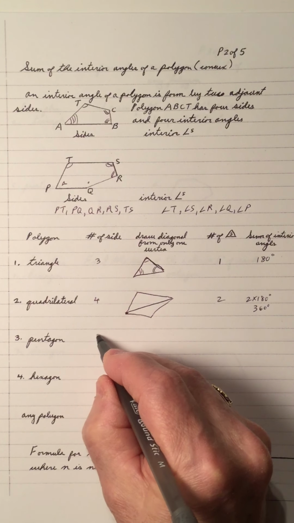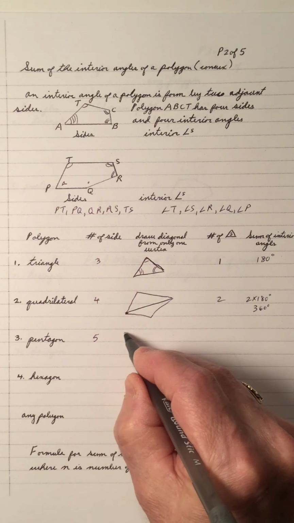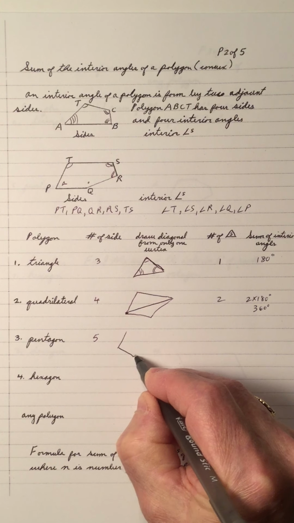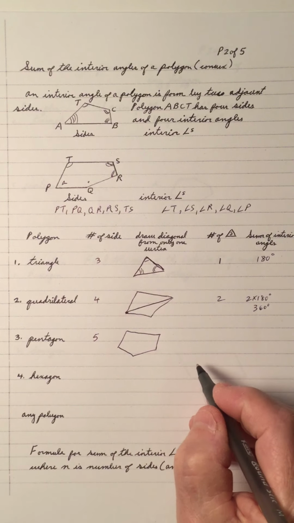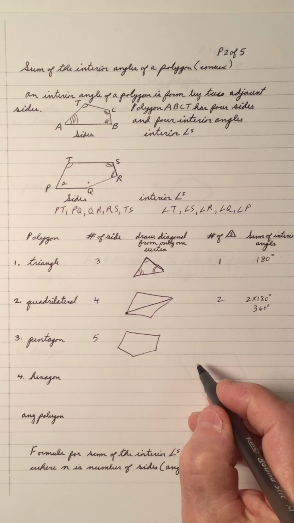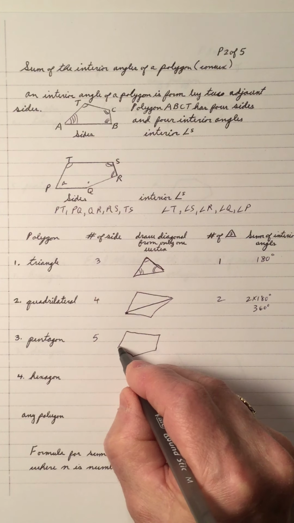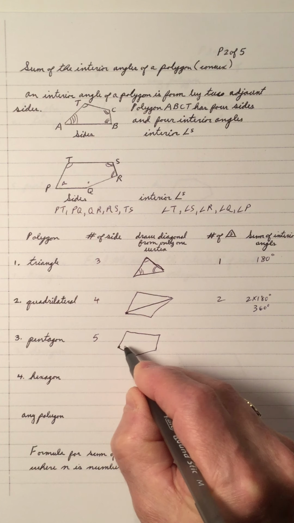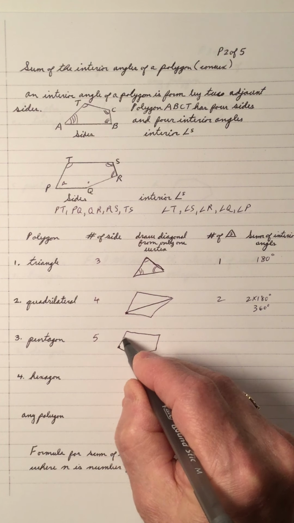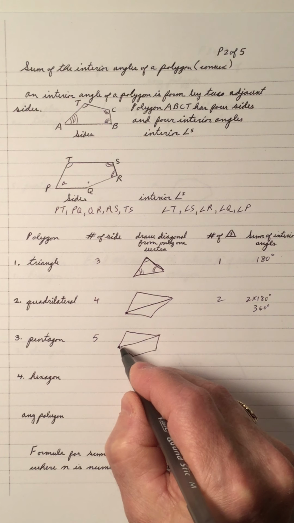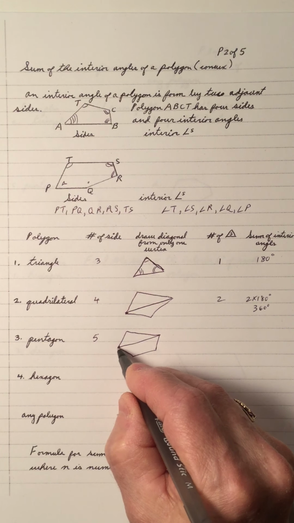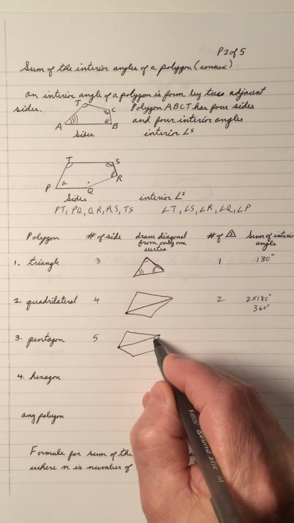Let's do a pentagon. Pentagon has 5 sides. So 1, 2, 3, 4, 5. And if you take one vertex, let's take this one, and draw a diagonal. That's a side, so I can't do that one. So I draw that one. A diagonal is drawn from one vertex to a non-adjacent one.